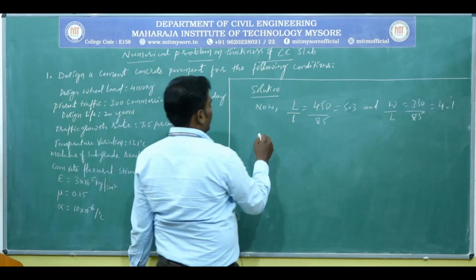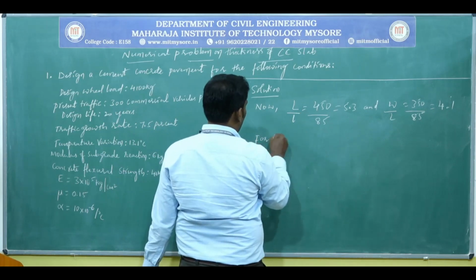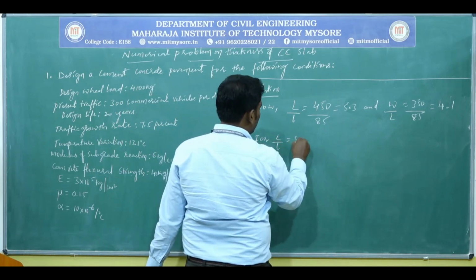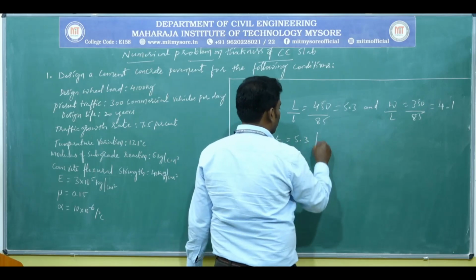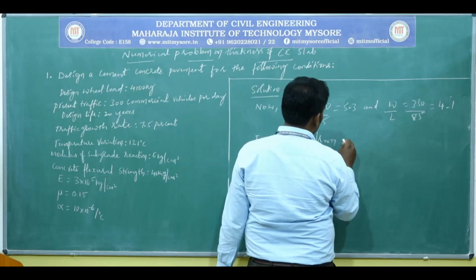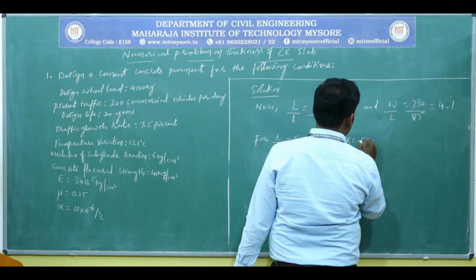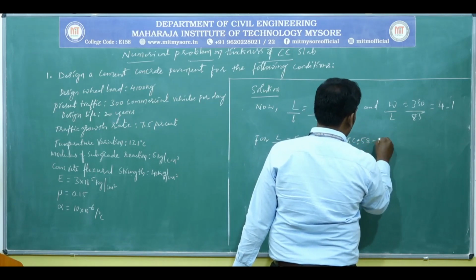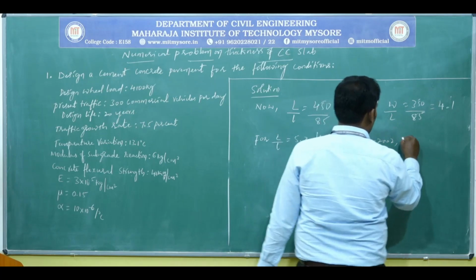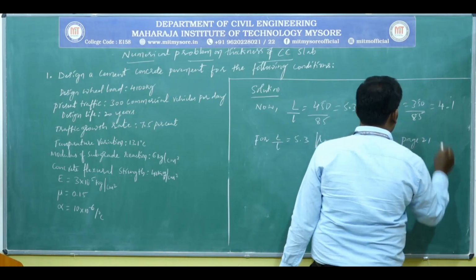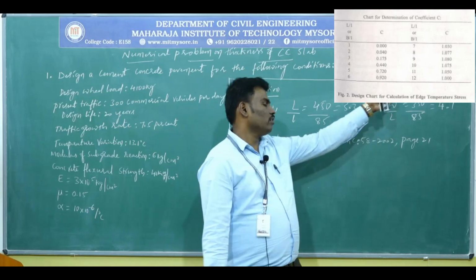Next, for L by l equal to 5.3, from IRC 58, 2002, page number 21, refer here.